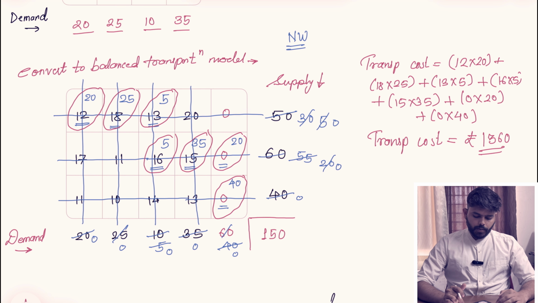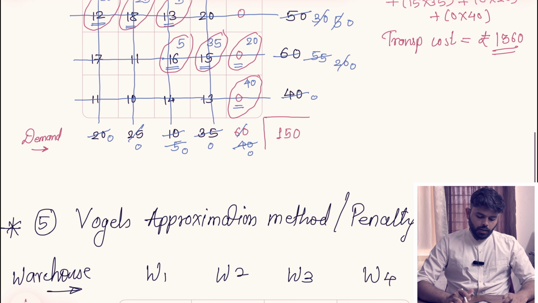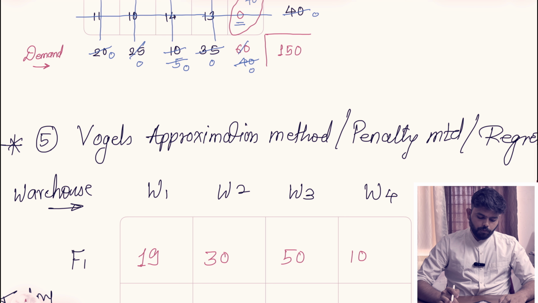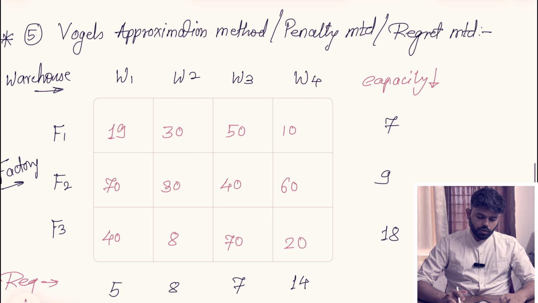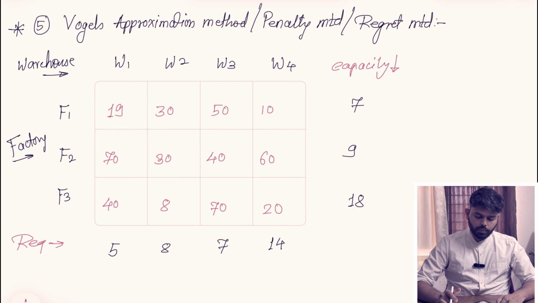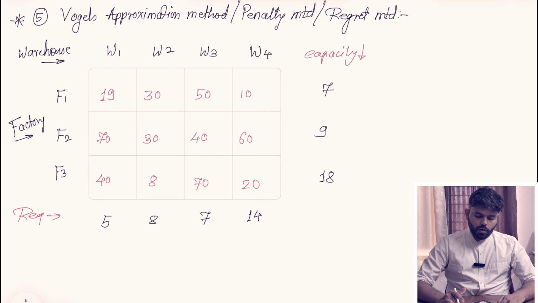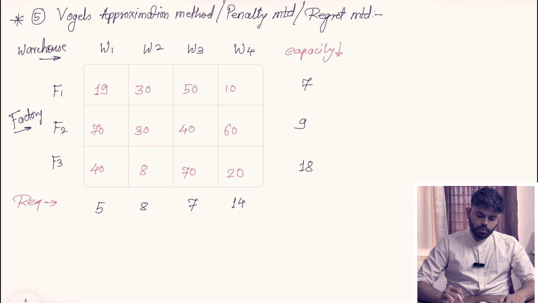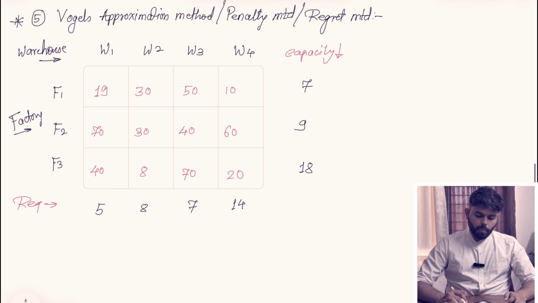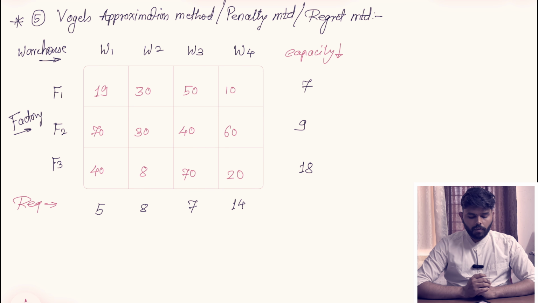Okay, so now let us understand the fifth and the most important method for solving the transportation model, which is called Vogel's approximation method, or it is also referred to as the method of penalties or regret method. So here on your screen you can see a numerical in which we have 3 factories and 4 warehouses.